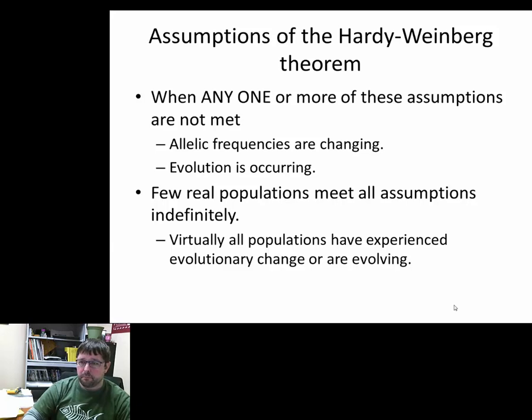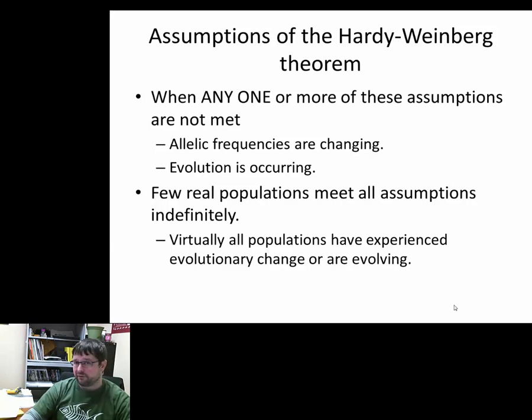As you can imagine, most populations on the planet do not fit these assumptions. Natural selection is occurring, sexual selection is occurring, mutations are occurring, immigration is occurring, and populations can be very small in regions. So almost every single population on the planet right now, if you were to examine them, is evolving, is changing.